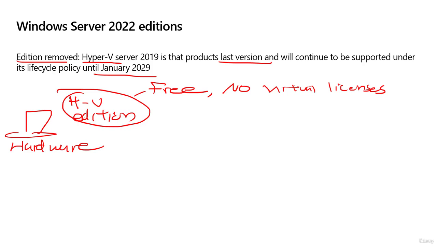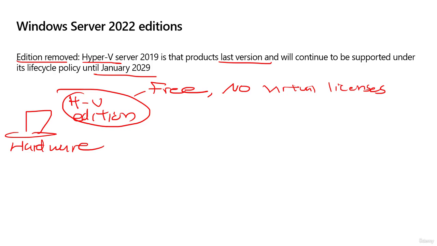Now, Microsoft says it's free. I always say it's more like pay me later instead of paying me now. Because before you deploy virtual machines, you do need to go purchase these virtual licenses. So there is a cost associated with this. But the operating system itself, the hypervisor you download, that was a completely free download from the Microsoft Evaluation Center.